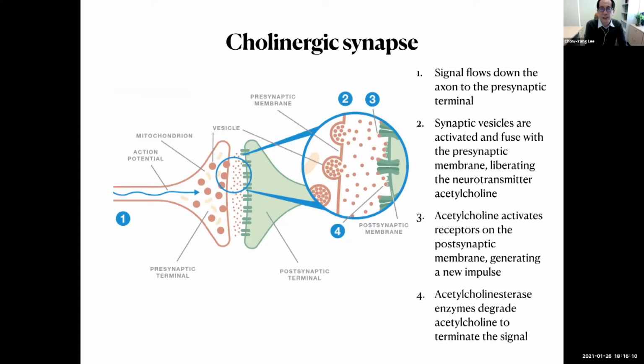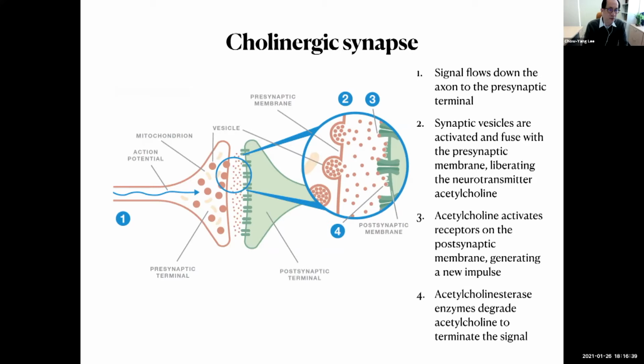That is the acetylcholine receptor. And upon binding, it will trigger an impulse. And after the job is done, the acetylcholinesterase would remove or degrade acetylcholine from the receptor, and subsequently it will get absorbed back into the cell in the form of acetate and choline.